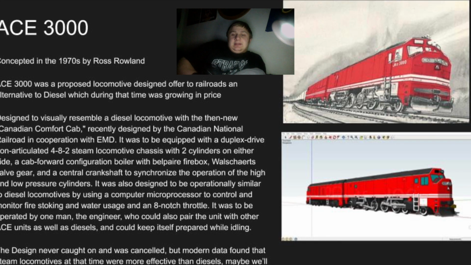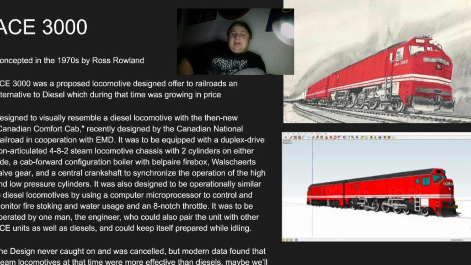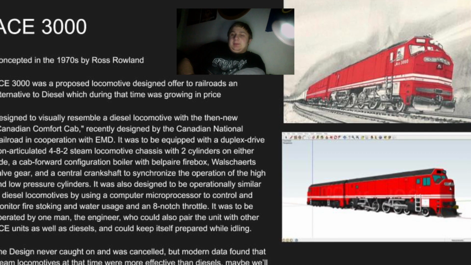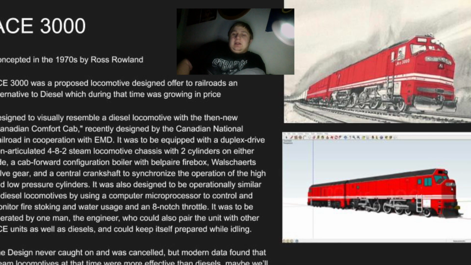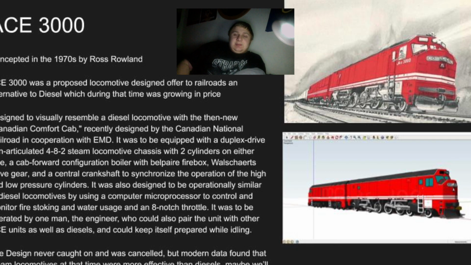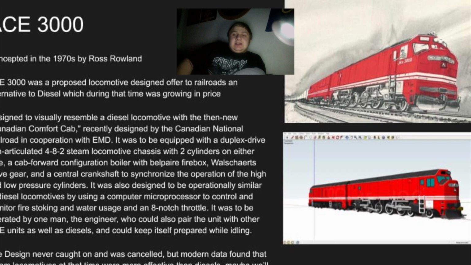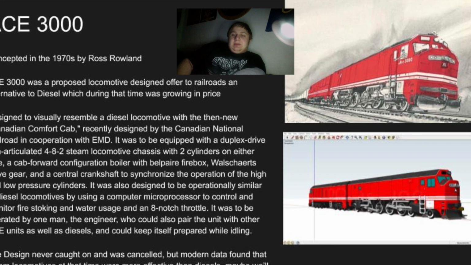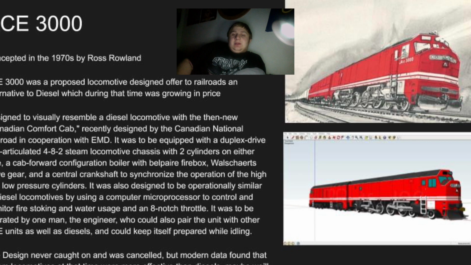And it actually has an 8-notch throttle. But this is pretty crazy because I heard it could actually pair with multiple units. But this design really never caught on. There were actually tests done with Chesapeake and Ohio 614 in the 1980s to see if this was actually a reliable source. Maybe that steam power was more effective than diesel. And actually it was.